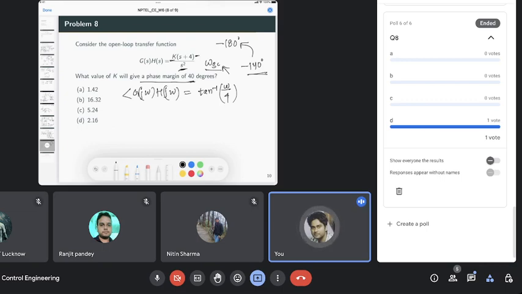Each pole is j omega, so the real part is 0 and the imaginary part is omega. So tan inverse of infinity is 90 degrees, each pole contributes 90 degrees, and there are 2 poles, so it contributes 2 times that. This should be equal to minus 140 degrees at the gain crossover frequency.